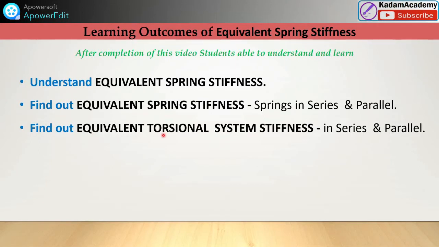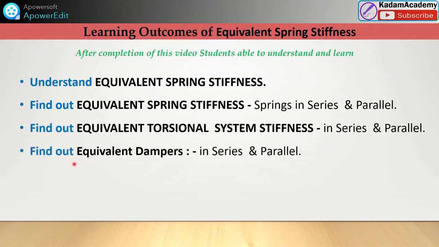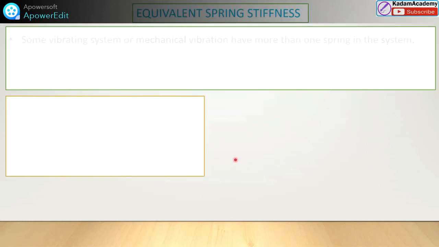Find out the equivalent torsional system stiffness when the system has torsional force, and how to find the stiffness when they are in series and parallel. You will also be able to find the equivalent dampers in series and parallel. Friends, let's see one by one.